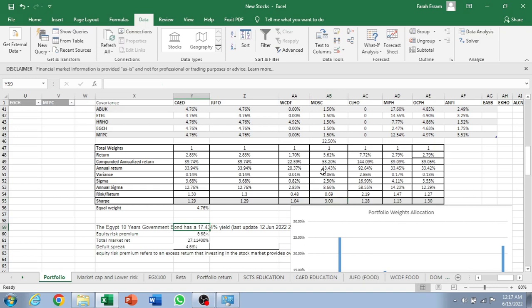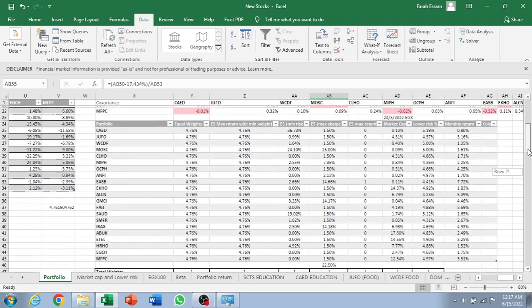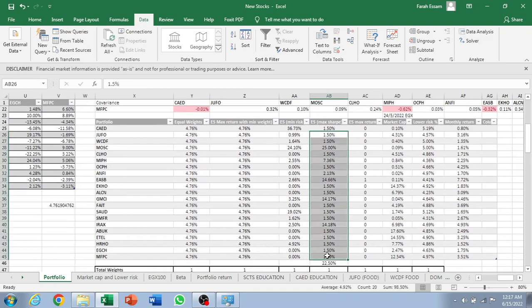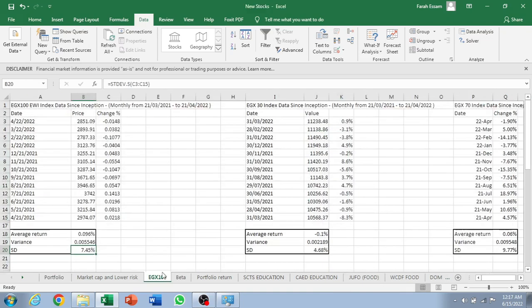After that, I chose the strategy that maximizes the Sharpe ratio, so I chose this portfolio weights allocation right here. After choosing these weights, I also wanted to compare my strategy to the EGX 100 because it has a wider range of securities or stocks.